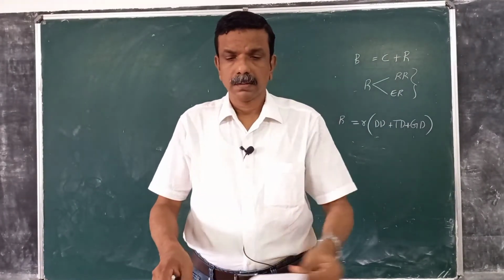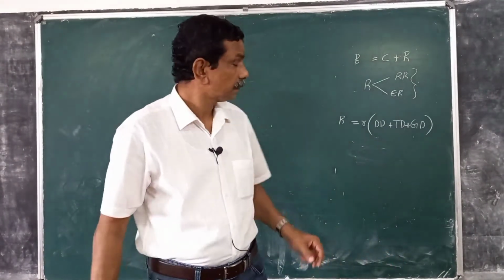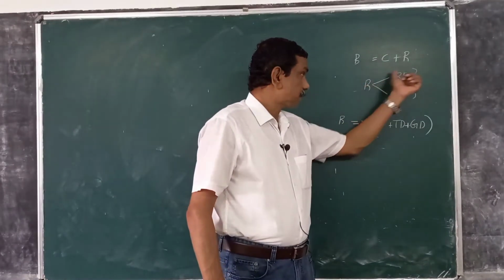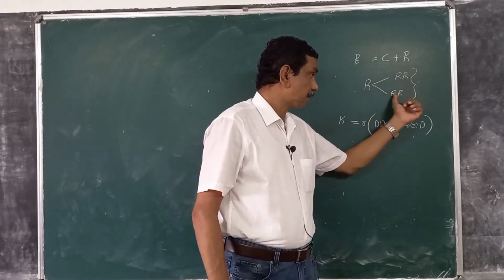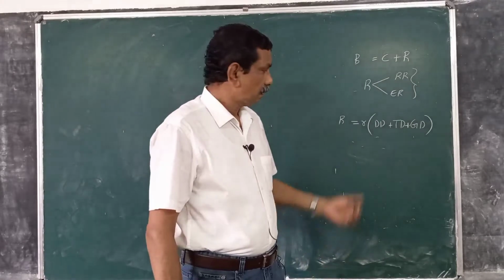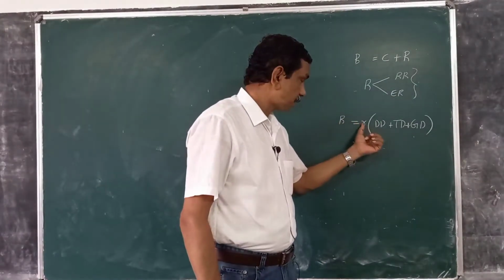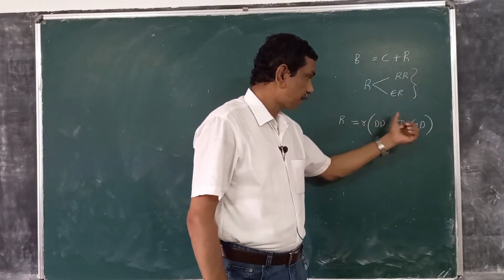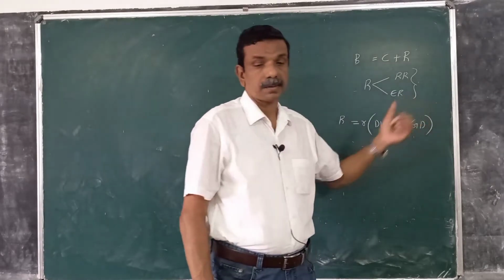Now, the only difference which we make is that reserves now consist of required reserves and excess reserves, and reserves itself is a fraction R of demand deposits, time deposits, and government deposits.